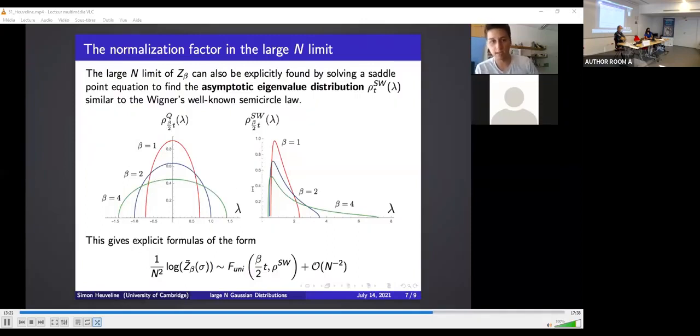In our case, instead of a semicircle law, we get a bit more exotic looking asymptotic eigenvalue distribution. And this gives us the fact that, up to some prefactors which I absorbed here into the Z, we can compute the large N limit by some universal function, also universal in beta, which depends on this eigenvalue distribution, for which we have concrete formulas. So this can be explicitly written down in this way as well.